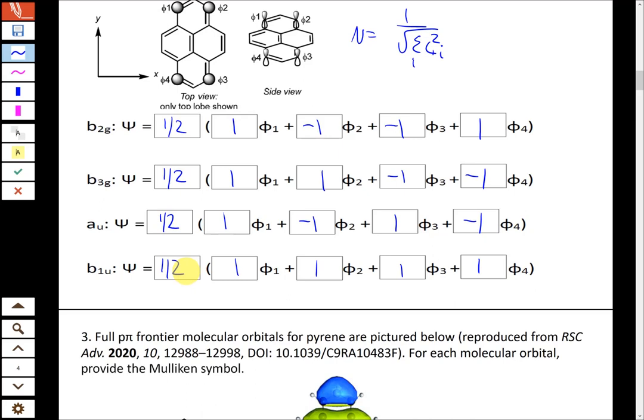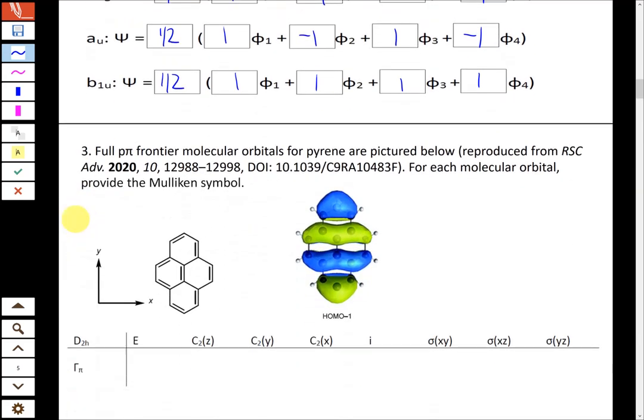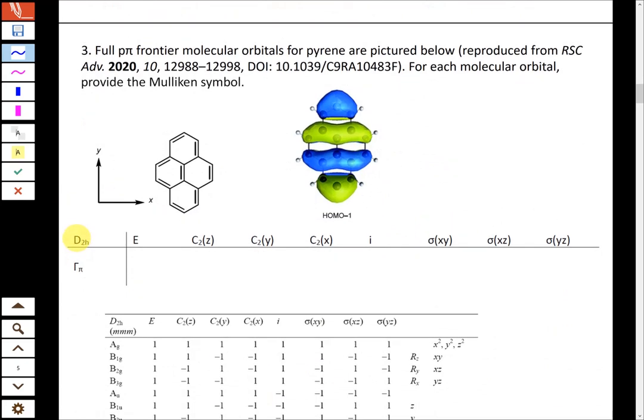Okay, so that's the way we get the SALCs for those, just a classic standard projection operator problem. And then the last problem that we dealt with on the pyrene molecule was to determine the Mulliken symbols for some of the full pi molecular orbitals. So I gave you the frontier orbitals, HOMO -1 up to LUMO +1, gave you the depictions of those, and asked you to find the Mulliken symbol.